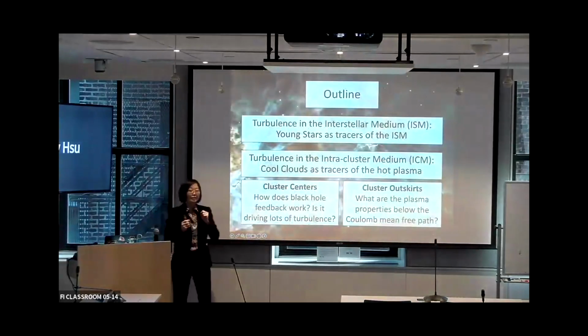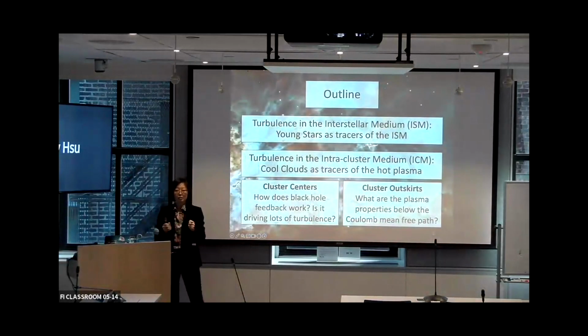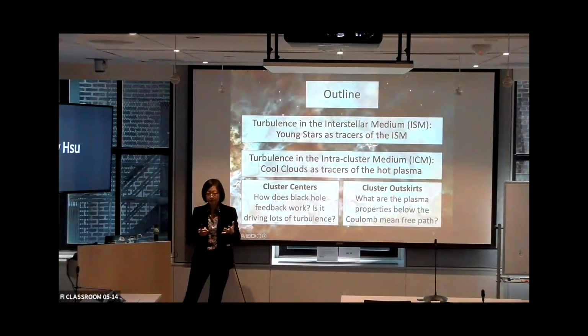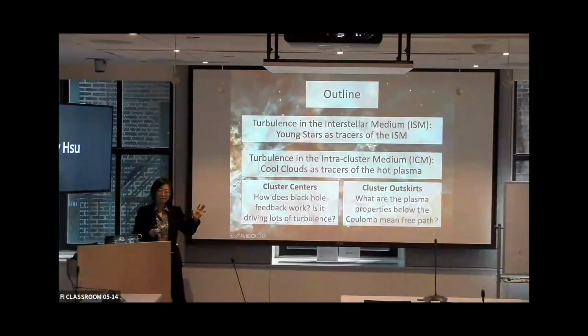Okay, so in my talk today, I will be focusing on turbulence, or mostly things related to turbulence. And I'll be talking about turbulence first in the interstellar medium. And I want to tell you about how we can actually use young stars as a tracer of the ISM turbulence. And then I will talk about turbulence in the intracluster medium inside galaxy clusters.